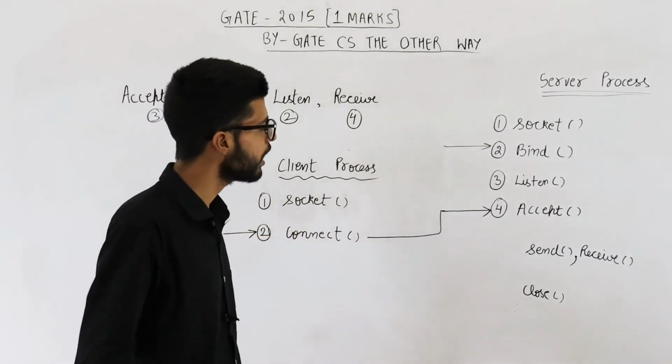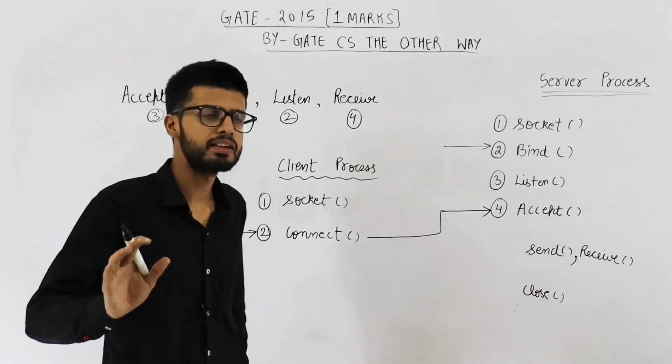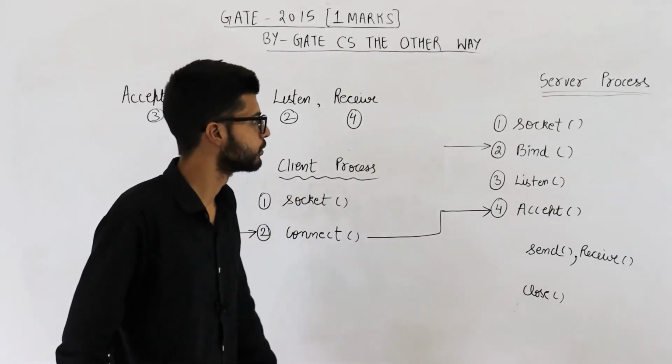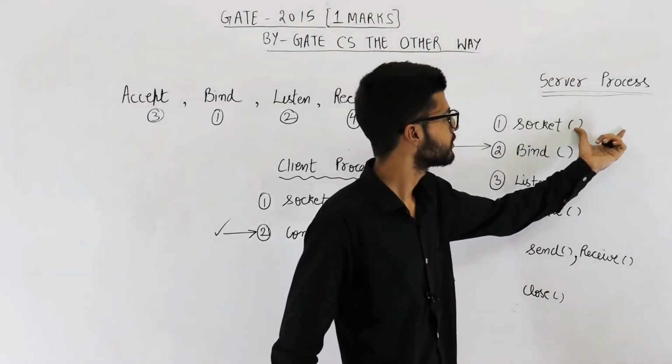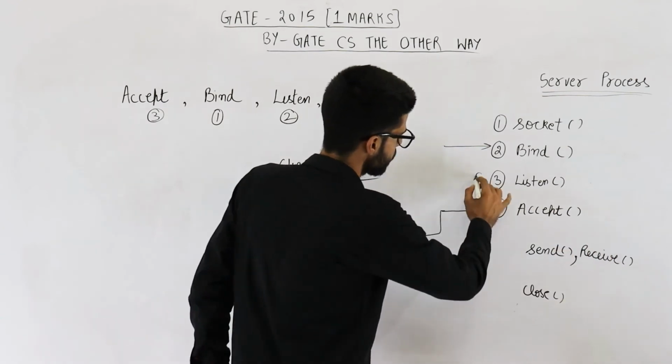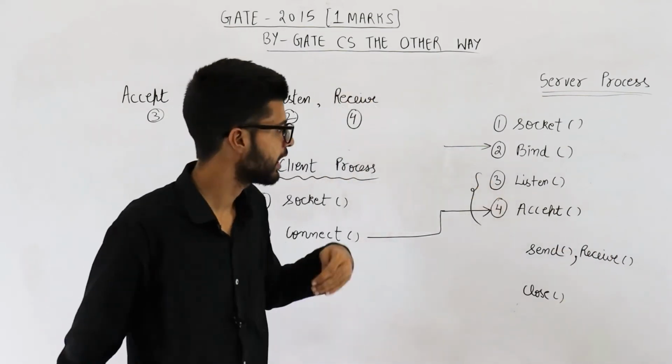After this, see, I'm shielding a lot of information purposefully because I don't want to confuse you. Actually, there will be some arguments in these system calls also. And there are a lot of things happening here that I am not discussing.